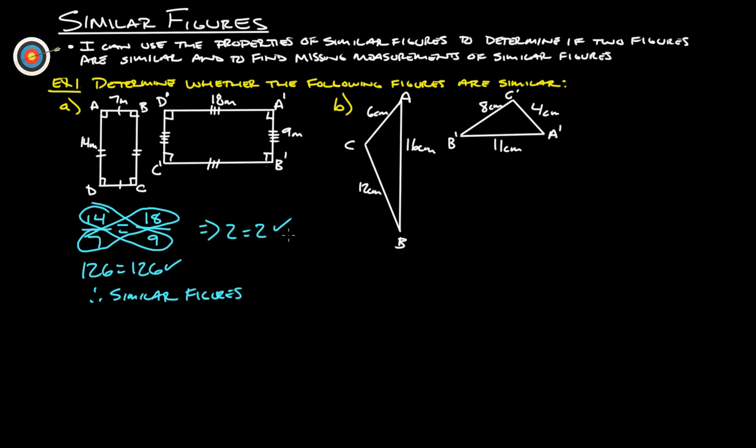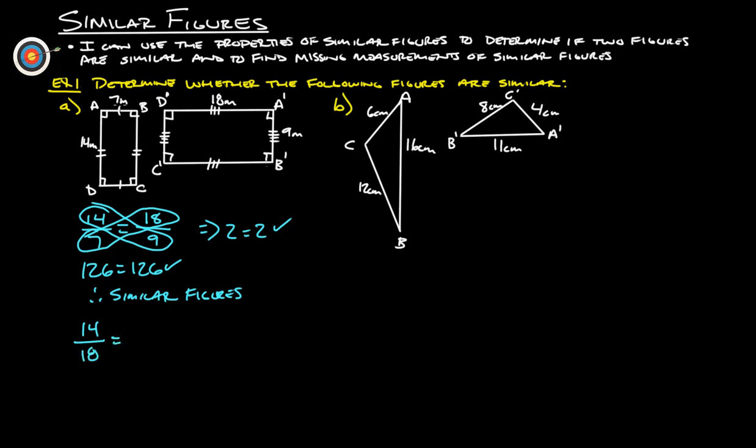A lot of people get confused and ask, how do I set it up? So again, I set mine up as my long side on one to the short side on the same one. Does that equal the long side to the short side? I could have set this up as long side on the first one over the long side on the second one.